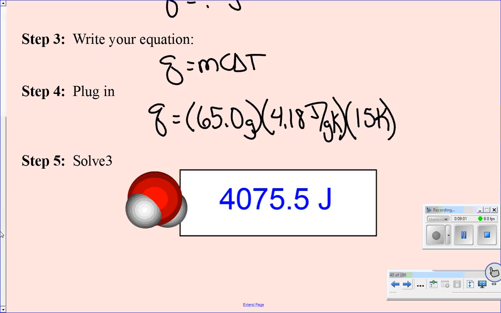Should get a pretty large number. Remember, joules are a very small amount of energy, so it's okay to get a large number for this. 4,075.5 joules. Kind of went a little crazy with my sig figs. I think in reality, this should just be 4,080 joules approximately.